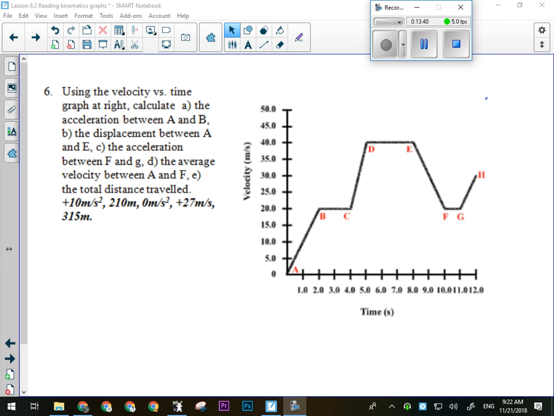Okay, so if I want to find the average velocity between A and F, then I need the displacement during that time divided by the time that takes, right? So between A and F, so F goes to here.